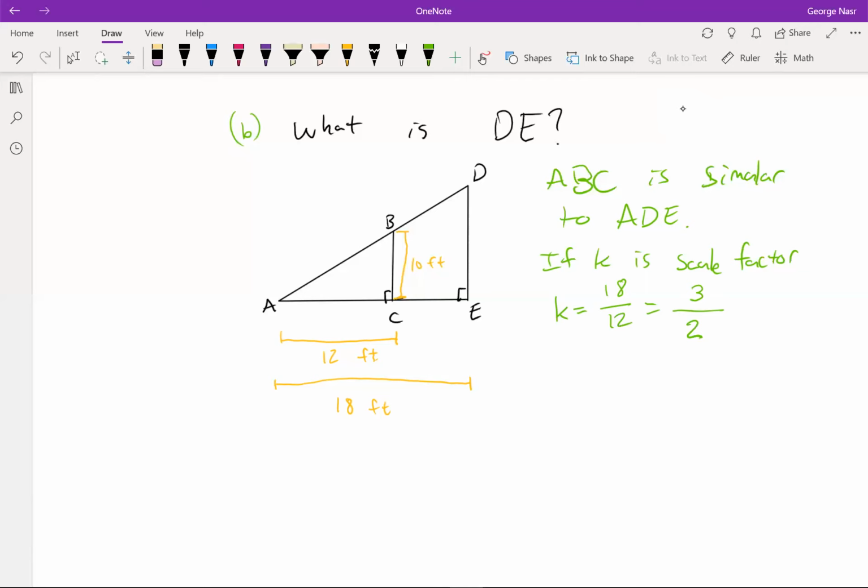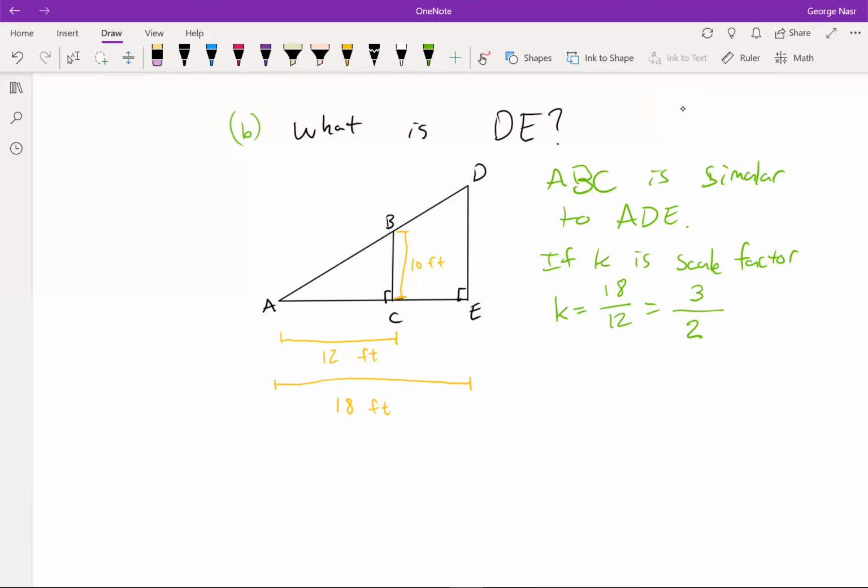Yep, there we go. Okay, so we've never really had a scale factor that was a fraction before, but notice 12 times 3 over 2 is indeed 18. So it's fine for scale factors to be fractions.